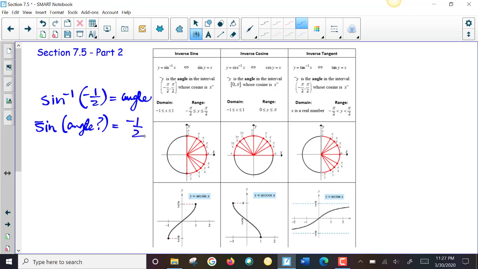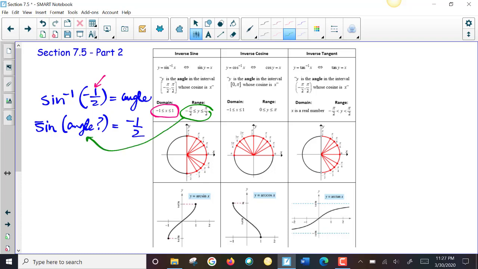And we put restrictions on this angle. We said that the domain, -1 to 1, this is in that interval, and the range would be my output or my angle. So I have to give an angle in this interval.